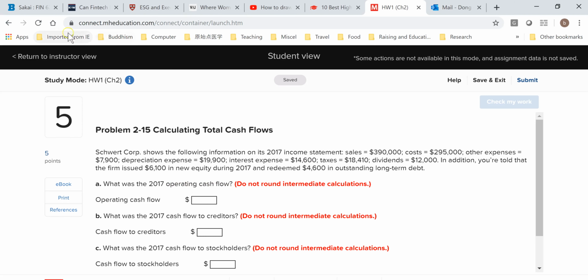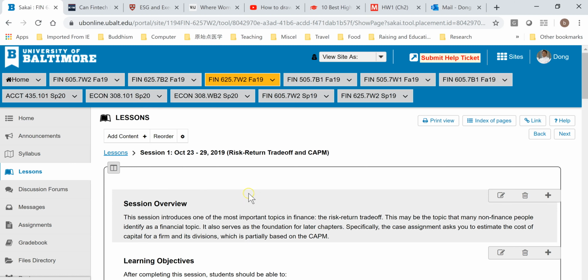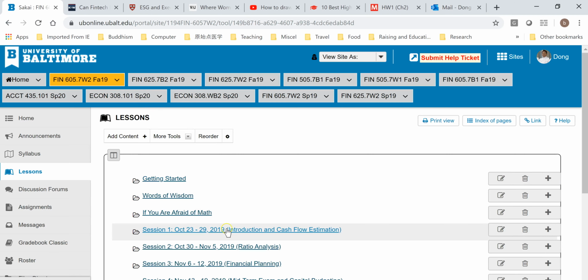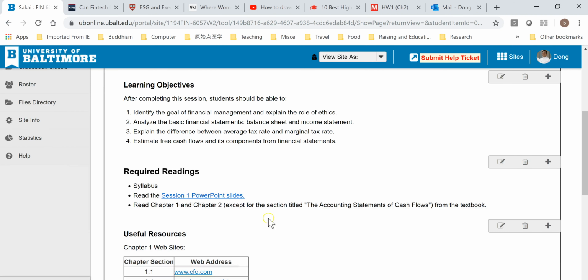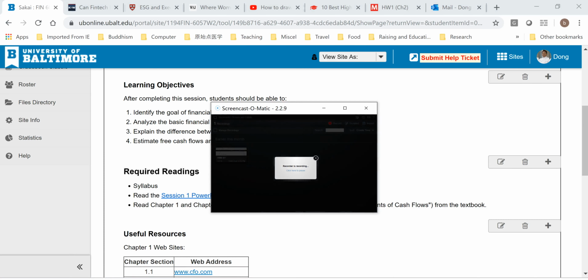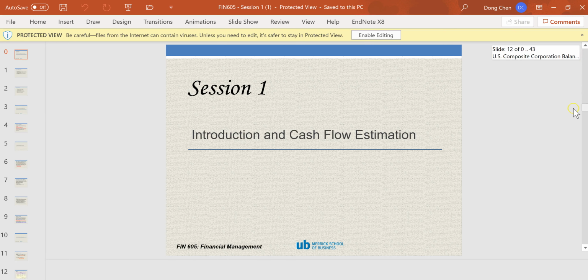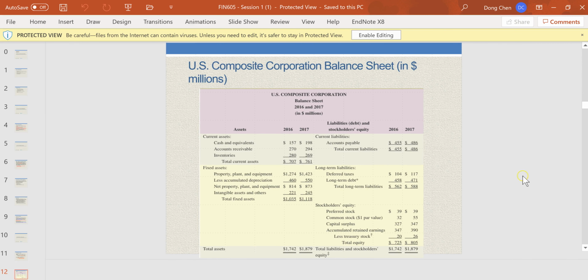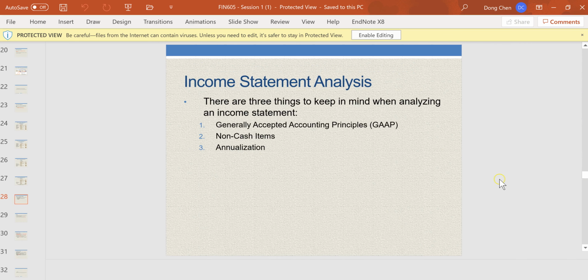If you check my lecture slides for this session, the formula to the operating cash flow, you can find the formula from my lecture slides if you open the lessons.